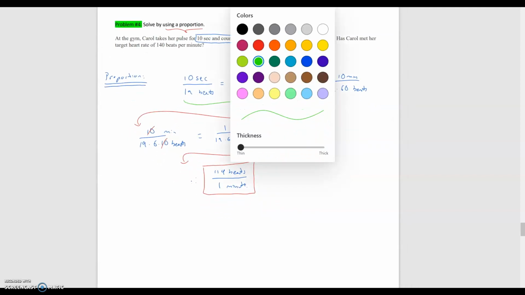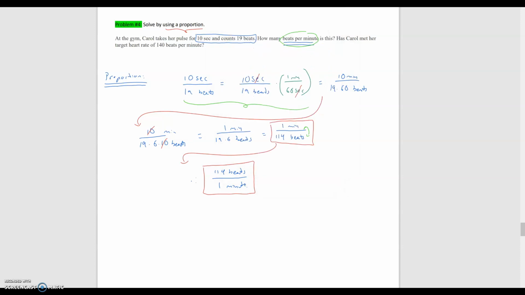And then as a final sentence, we will say that 10 seconds, so 19 beats per 10 seconds, is equivalent to 114 beats per 1 minute.